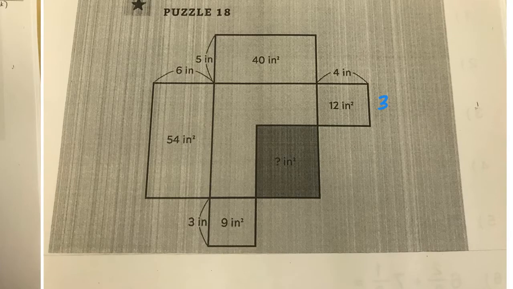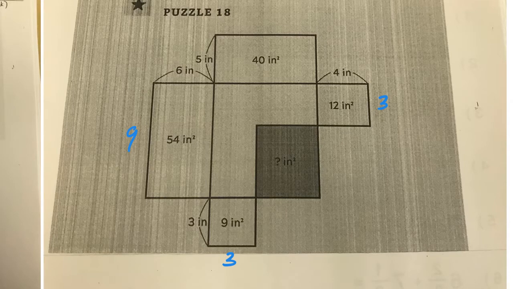And then down at the bottom here, same thing, that must be 3. And then I think you can figure out this on your own. Let's do this one. We have 6 here, we have 54 here, so that one must be 9.